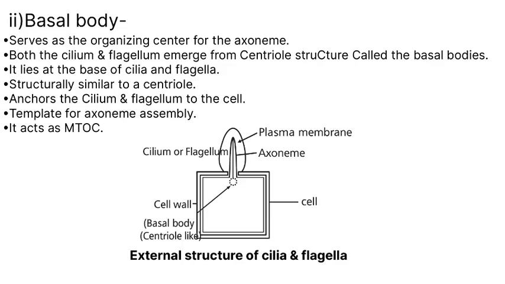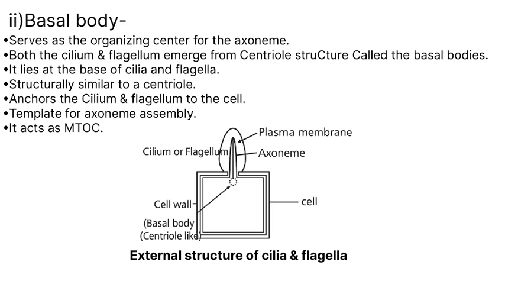Both the cilia and flagella emerge from the centriole-like structure called the basal body, which is again composed of microtubules with the 9+0 arrangement: 9 peripheral triplets with 0 singlets. Its function is to act as MTOC, microtubule organizing center, and it also anchors the flagellum to the cell and acts as a template for the microtubule assembly.